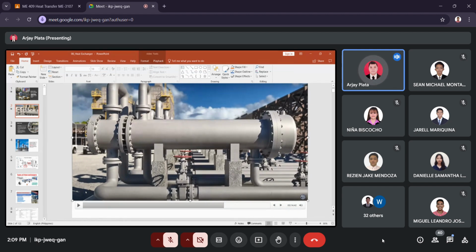So it is bolted. The cover is bolted to the channel flange, so it can be removed. Okay, but this one you cannot remove. So it depends on the type of the heat exchanger.